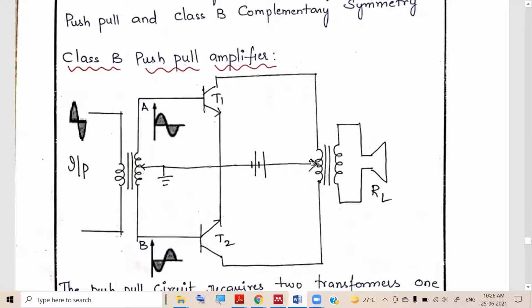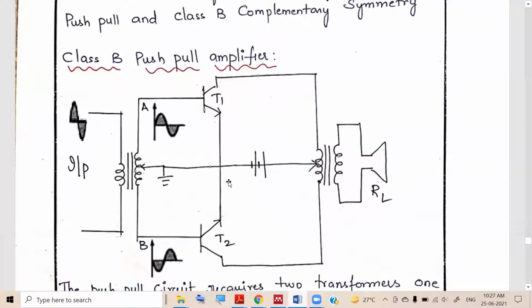Then during the second half cycle, the base of T1 is negative, so T1 is off, and the base of T2 is positive, so T2 is on. For the second half cycle, T2 will conduct, so the signal will flow like this.